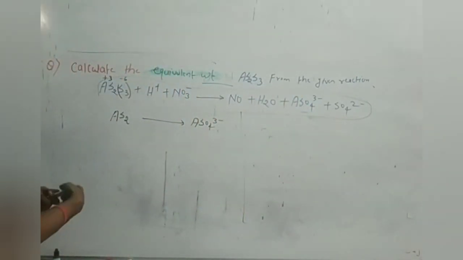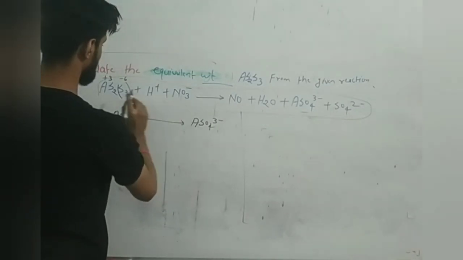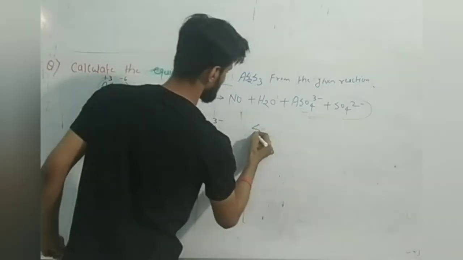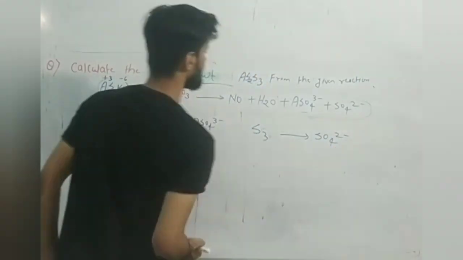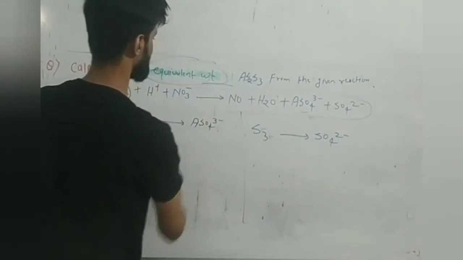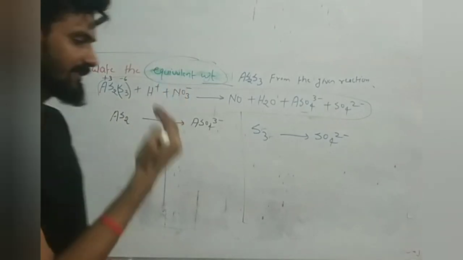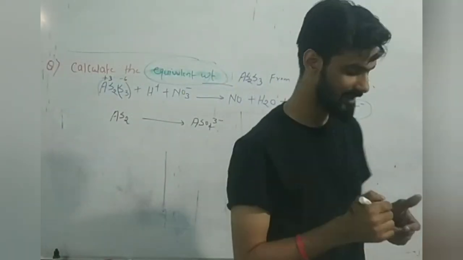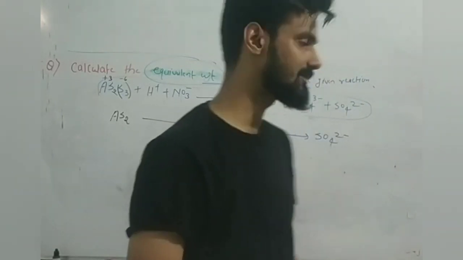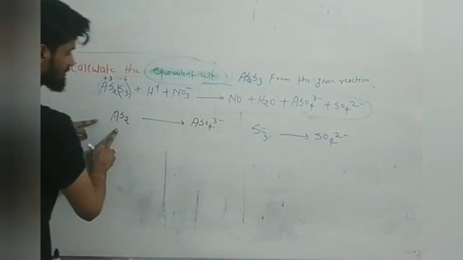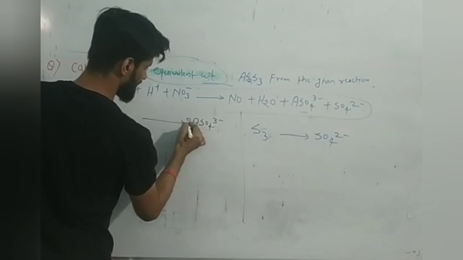Next thing you have to understand: the sulfur S3 is getting converted into SO4 2-, because you have to calculate the equivalent weight, and equivalent weight will be molecular weight upon N factor. Without calculating the N factor, you won't be able to solve the equivalent weight concept. Here there are 2 arsenic ions, so multiply it by 2.